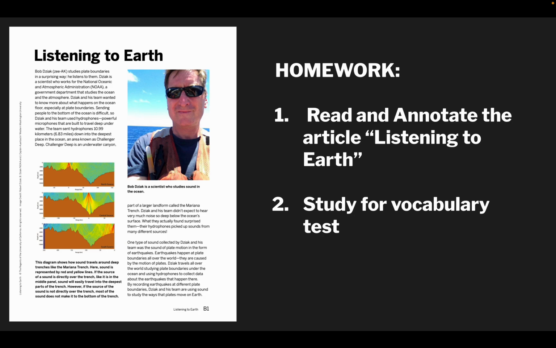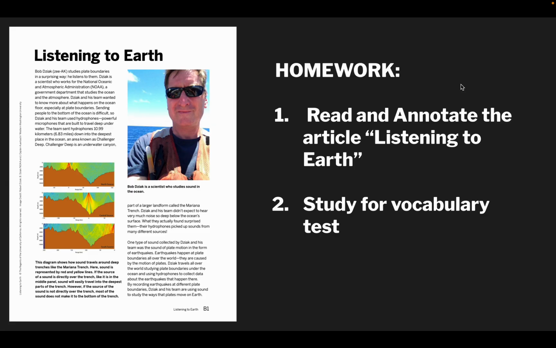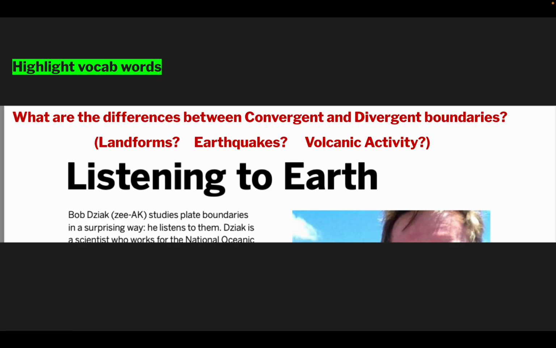And because he's using the sound, the sonar, it helps him kind of paint a picture of what the ocean floor looks like. So he talks specifically about 2 different types of boundaries, convergent and divergent plate boundaries. So I need you to read and annotate in preparation for what we're going to do tomorrow. And then go ahead and study your vocabulary test. Study for your vocab test on Thursday.